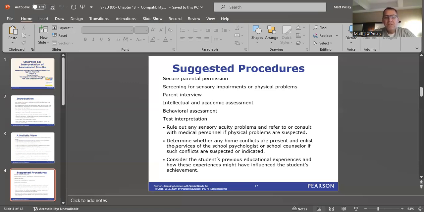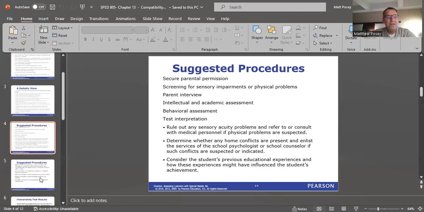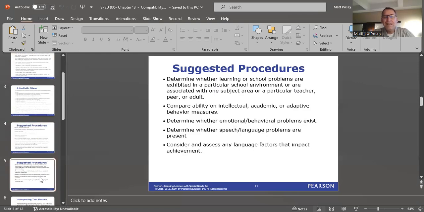We're going to determine if there are any conflicts going on at home that may need the services of a school counselor or school psychologist. And then we're also going to consider the previous educational experiences of the child. Have they been chronically absent through the years? Just a variety of things that we're going to look at.